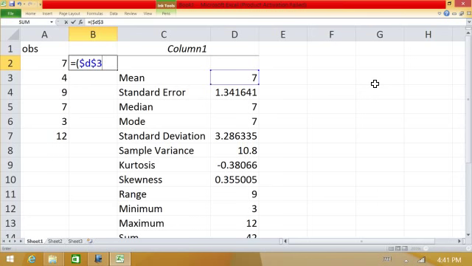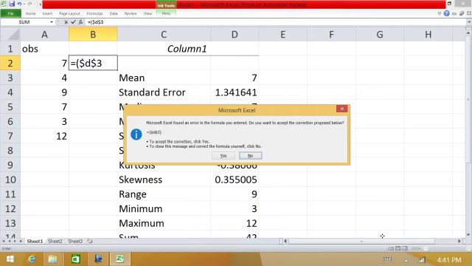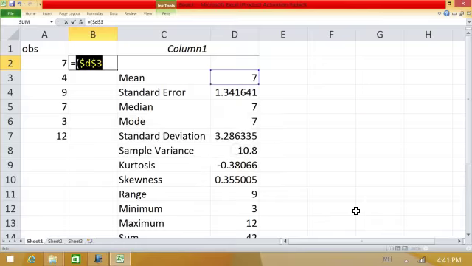I think I made a little mistake here. It would be (A2 minus D3), close parenthesis, divide by D7.